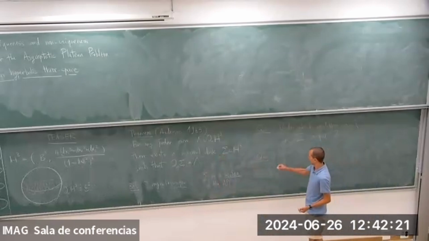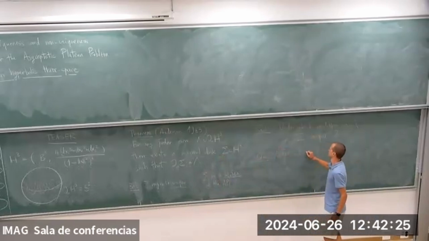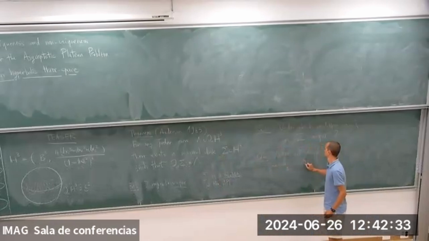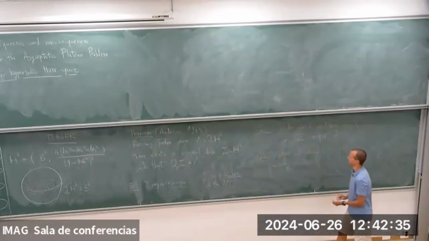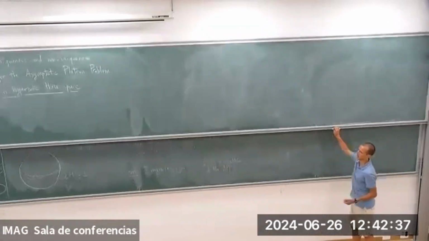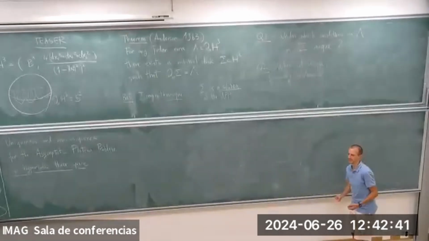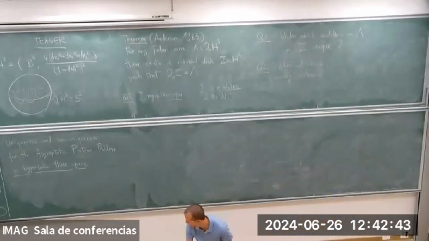And the second question I want to address is, when not unique, how many solutions can we have? Whether you like it or not, that's what it will be about.